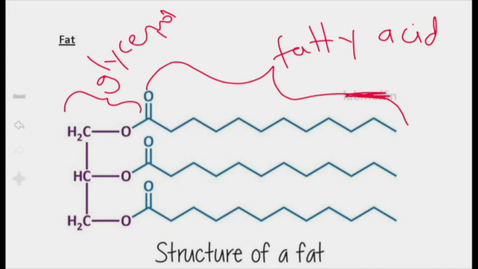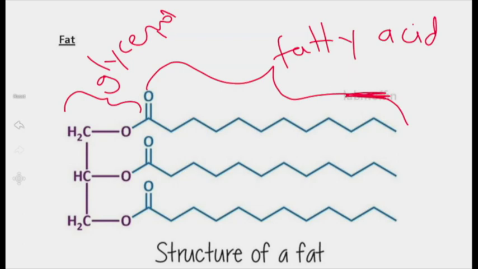Fat as is, fat molecule as is, macromolecule as is, cannot be absorbed in the ileum because these are very large molecules. For it to be eventually absorbed there, the fat has to be broken down by the appropriate enzyme, which we shall talk about, into fatty acids and glycerol. Thereafter, they'll be absorbed.